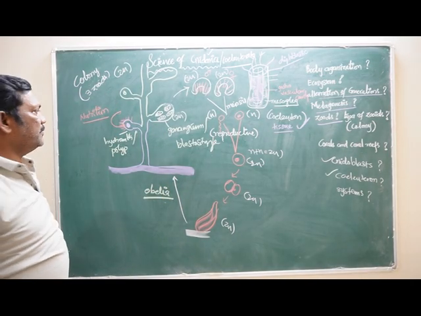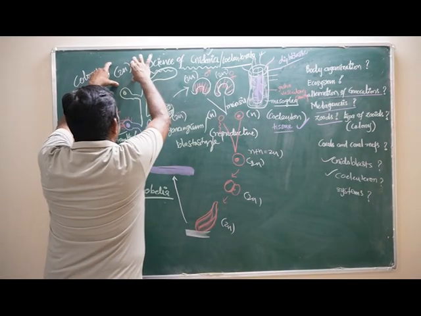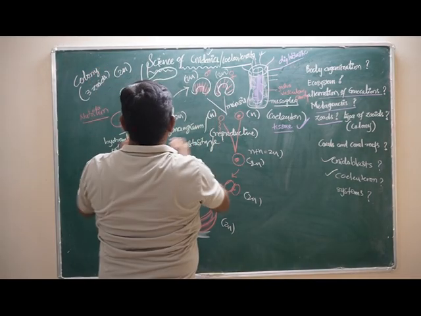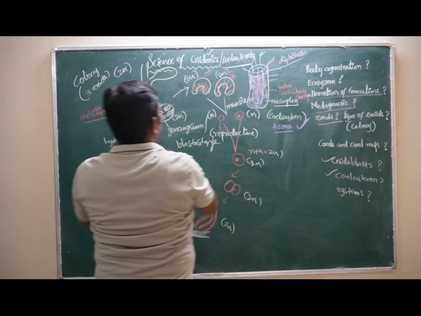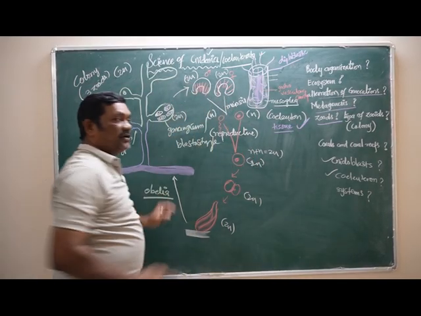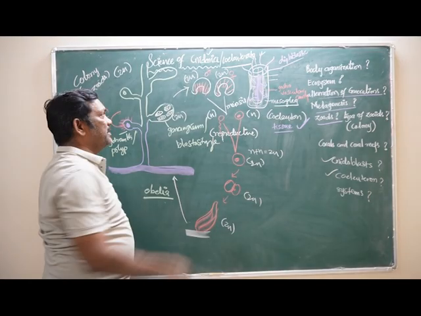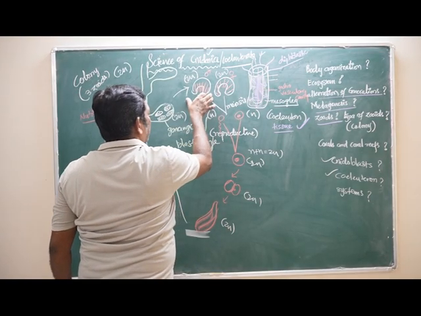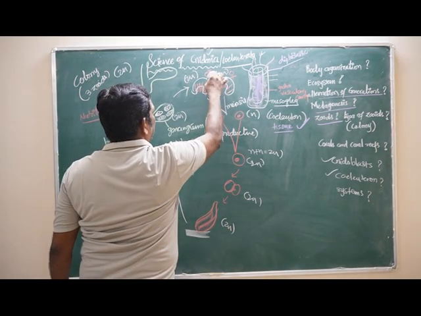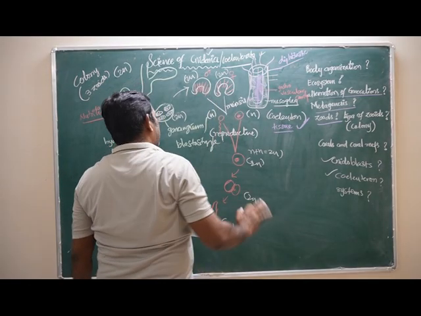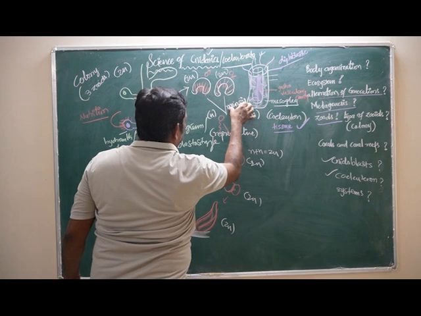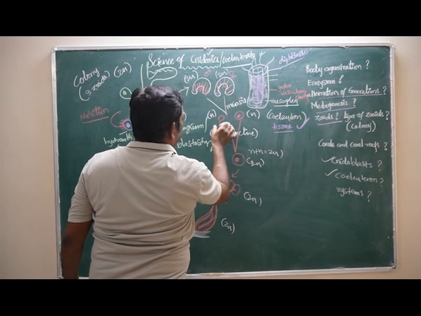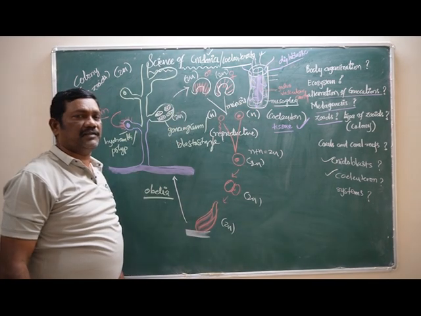See here, adult Obelia in diploid state. All the zooids which are developed in this colony are also in diploid state, including the Medusa. This Medusa, umbrella-like structures, male and female Medusa, are in diploid state. They can undergo meiotic division, form sperm cells and egg cells which are in haploid state.